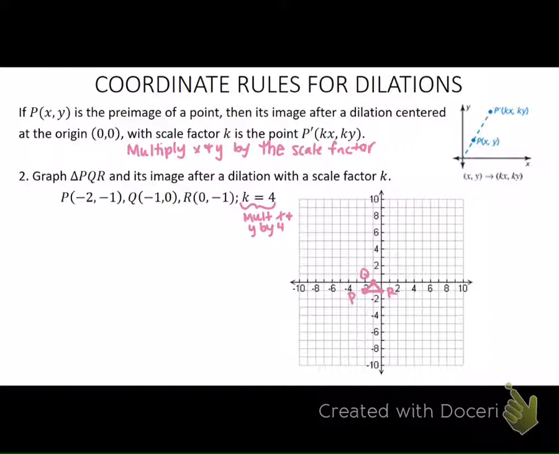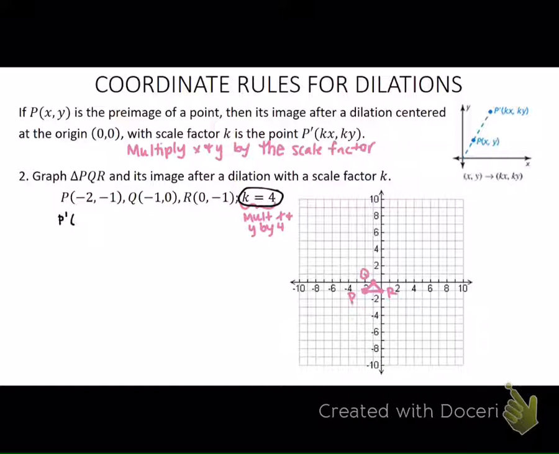So if we are dilating the point P by a scale factor of 4, Gabe, what would the new point be? Do you see the K here? Okay, so good, -8, -4, because of the scale factor there.